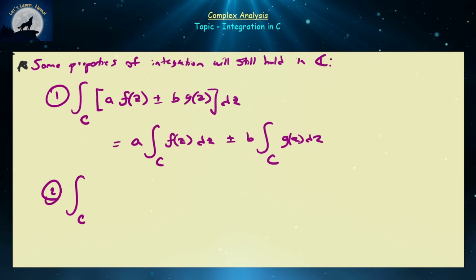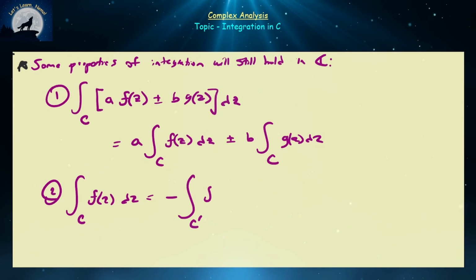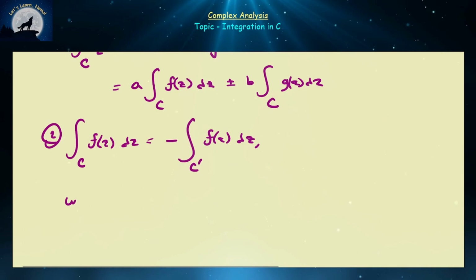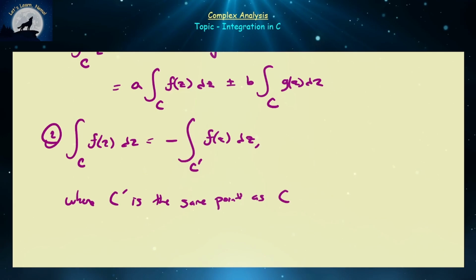And the integral along C of f of z dz will be equal to minus the integral along C prime of f of z dz. And what is the relationship between C and C prime? Well, C prime is the same points as C, but traversed in the opposite direction.